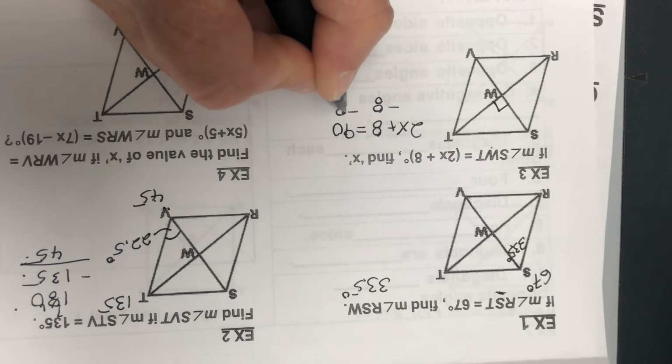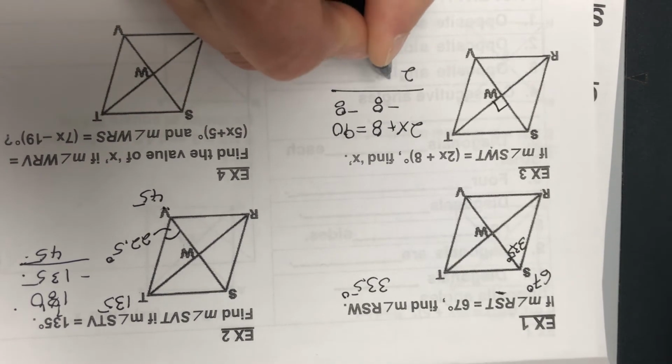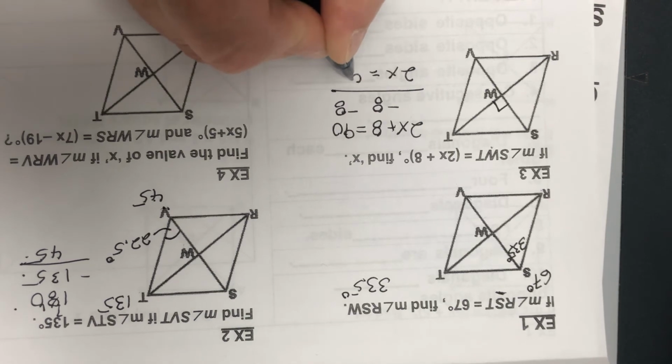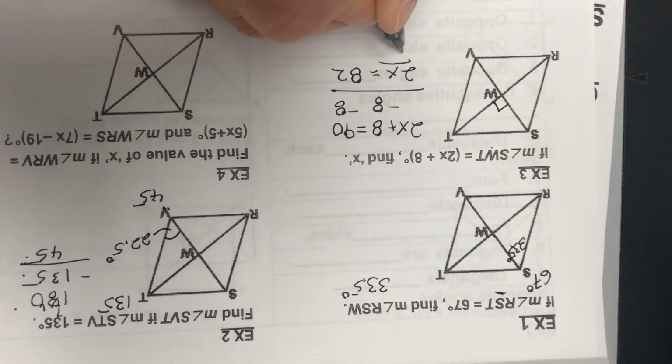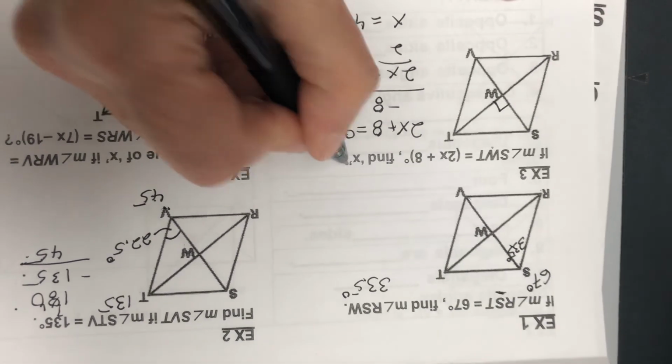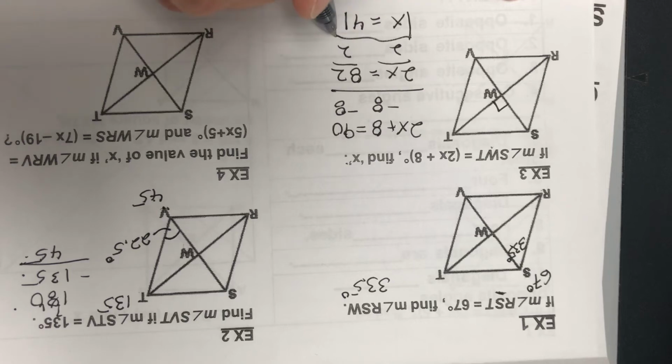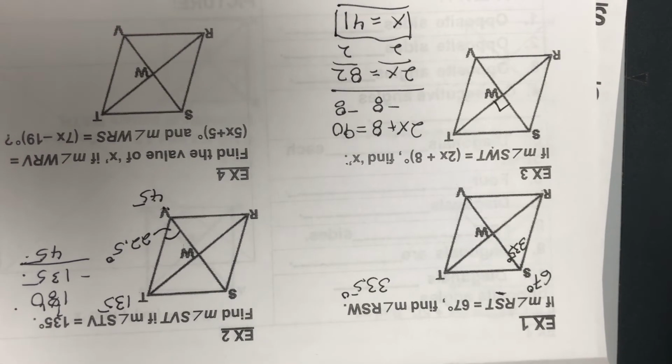Subtract 8. 2x equals 82. Divide by 2. x equals 41. What are they asking me to find? x. Thank you. I am done. Thank you for not giving me an odd number there. All right, hopefully you're good on that one.